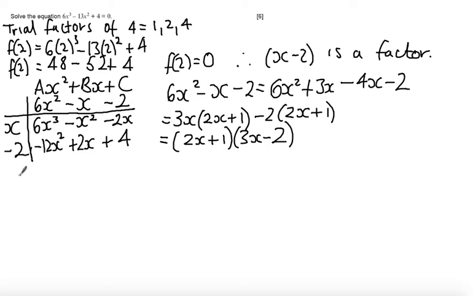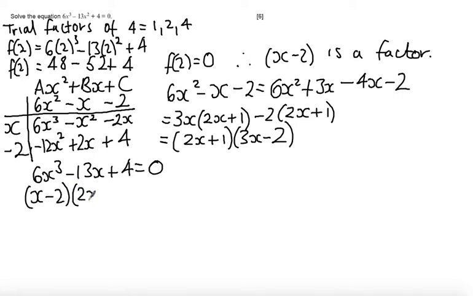So what I know then is that the equation 6x cubed minus 13x squared plus 4 equal to 0 can be written as x minus 2, 2x plus 1, 3x minus 2, all equal to 0.